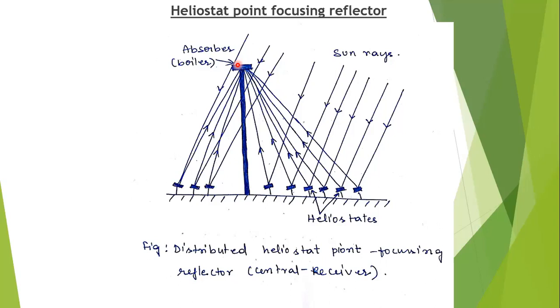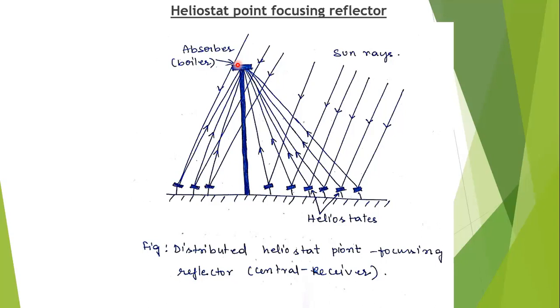Of all the collectors discussed above, paraboloidal ones have the highest efficiency and small radiation losses. Because of the small area of the receiver at the focus, the thermal losses are also very small, giving high efficiencies. But these paraboloidal collectors are difficult to fabricate and difficult to operate.